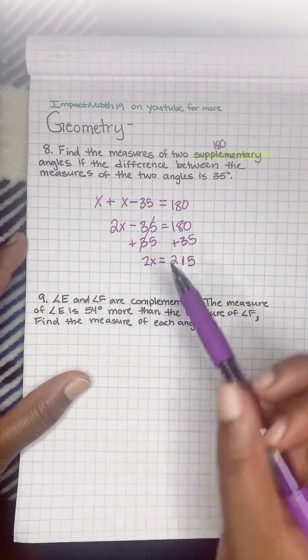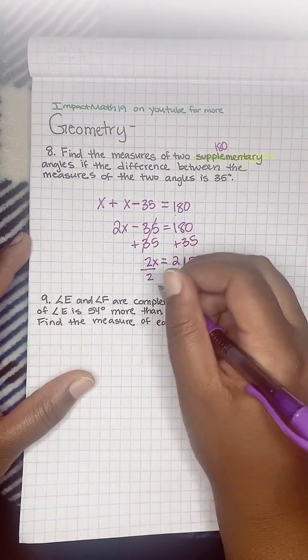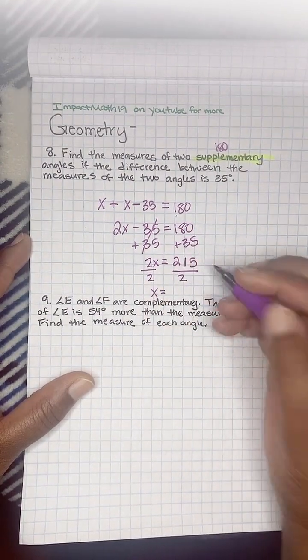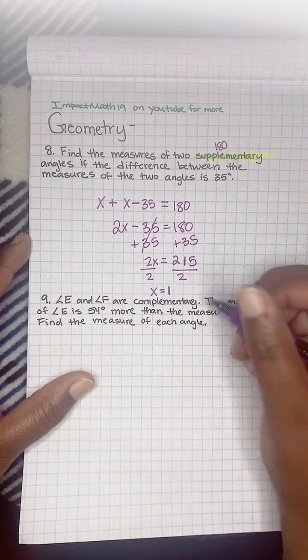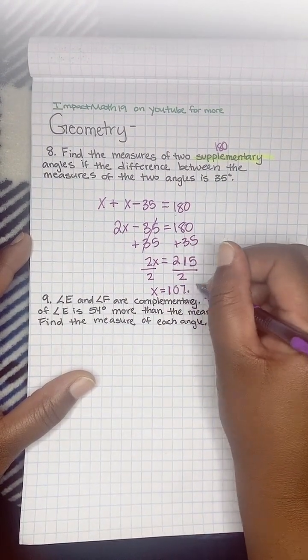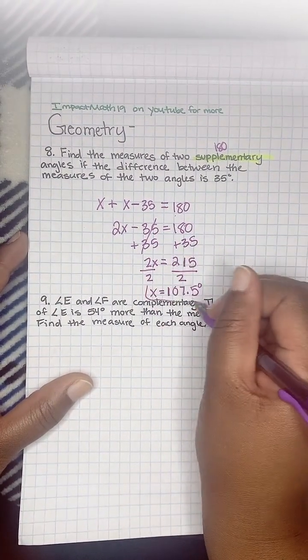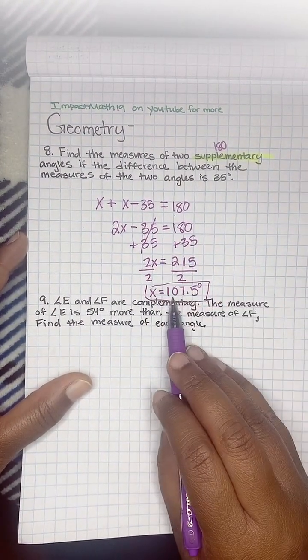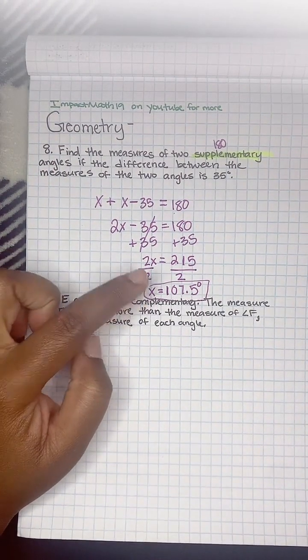And then how do we get X by itself? We divide by 2. So X equals half of 200 is 100, half of 15 is 7.5. So our first angle is 107.5 degrees. Okay, this is just my first angle.